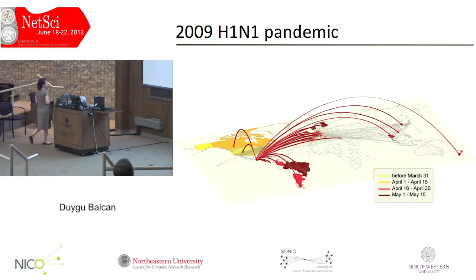Before the international warning, it had actually already spread to a couple of other countries, US and Canada. Right after the announcement, we got to know that in a couple of days, several countries in Europe were infected. Right after, in a scale of a month, it was spread to all of the continents.